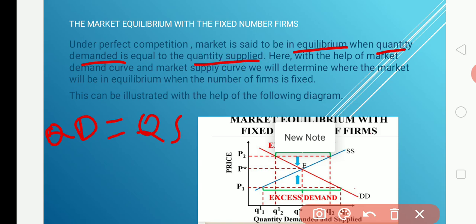With the help of a market demand curve and market supply curve, we will determine where the market will be in equilibrium when the number of firms is fixed. This can be illustrated with the help of the following diagram. Now, I wanted you all to listen to the diagram a bit carefully.